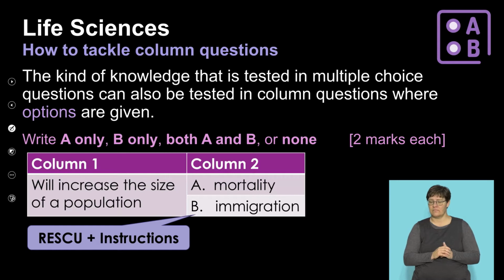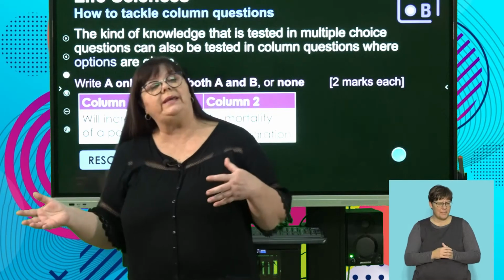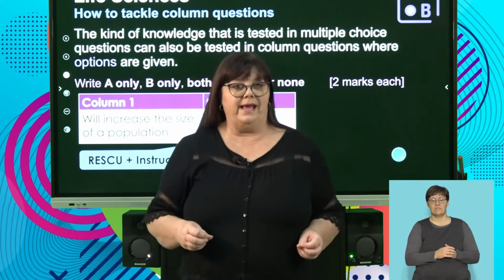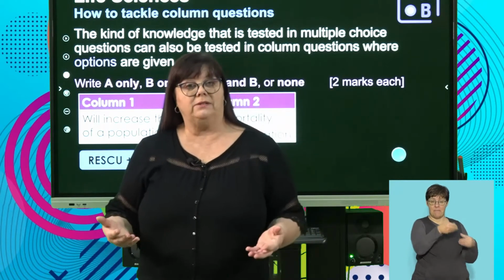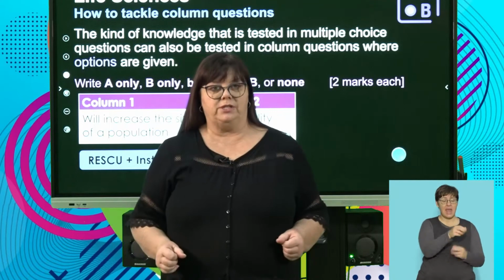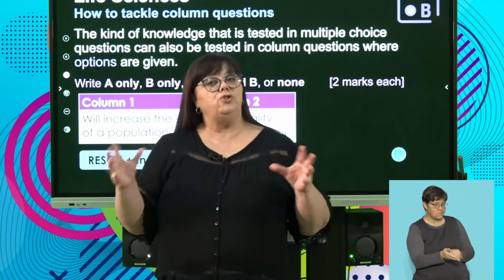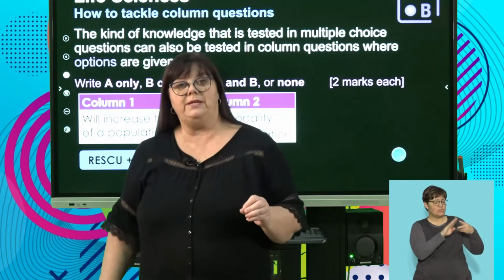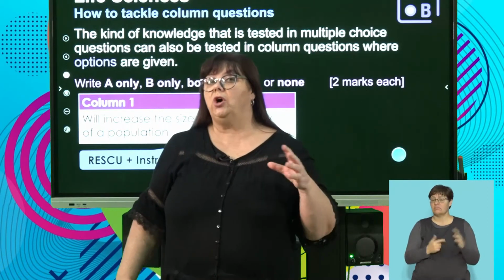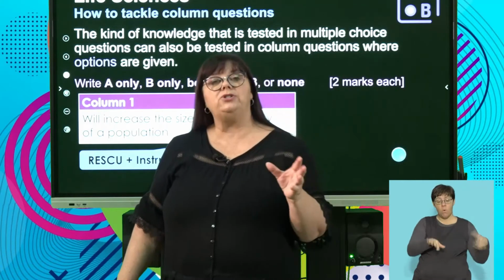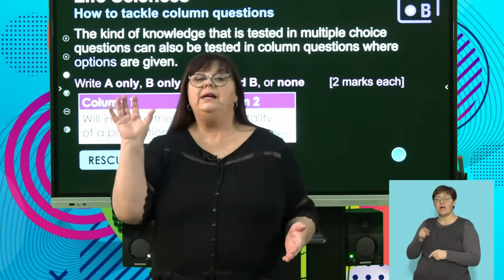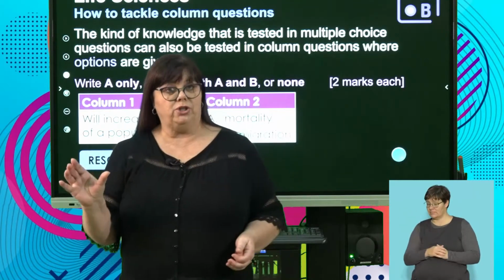Now, do you remember that we are also, in section A of an exam paper, going to encounter terminology questions, and they can come in two different formats. We can get terminology questions associated with columns, and we can get terminology questions where we're given a definition and we have to provide the term.